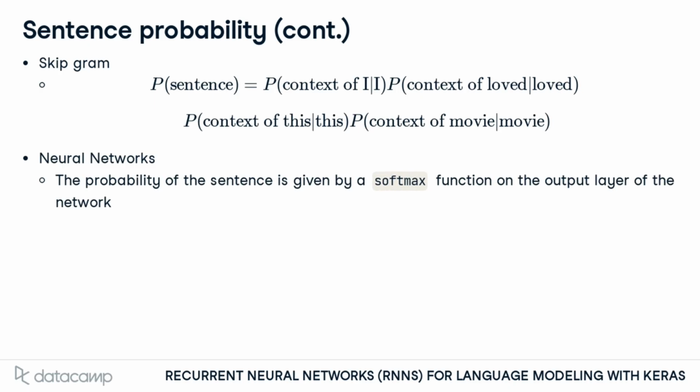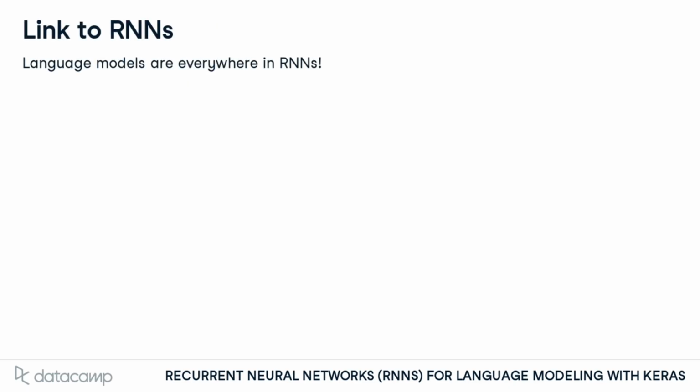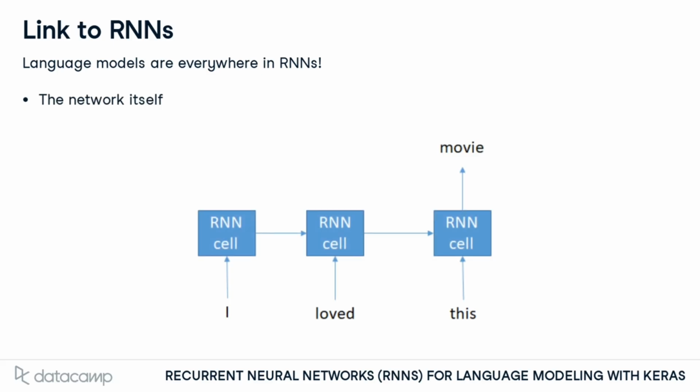When focusing on recurrent neural networks, how exactly are language models related to them? Well, everywhere. Recurrent neural network models are themselves language models when trained on text data, because they give the probability of the next token given the previous k tokens.